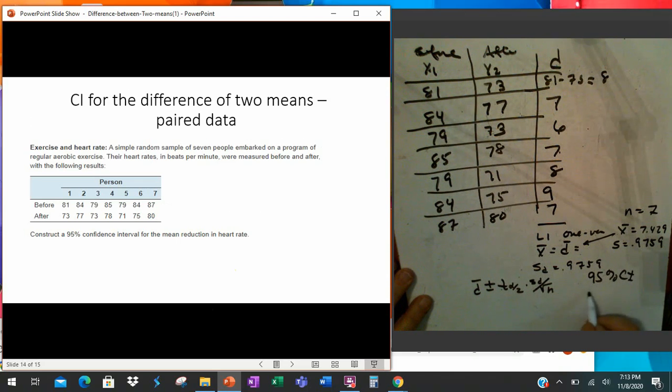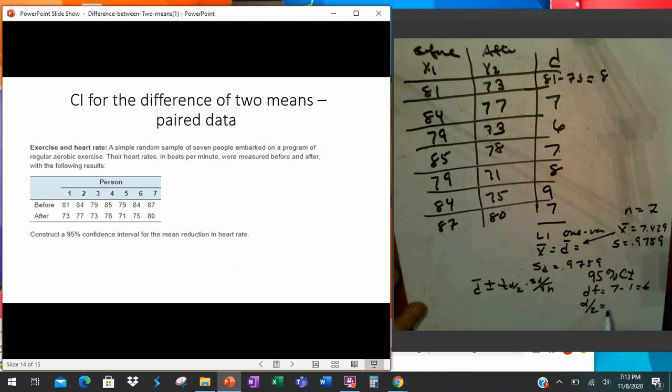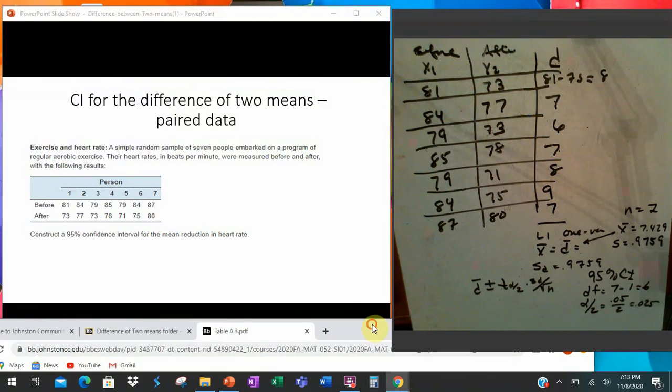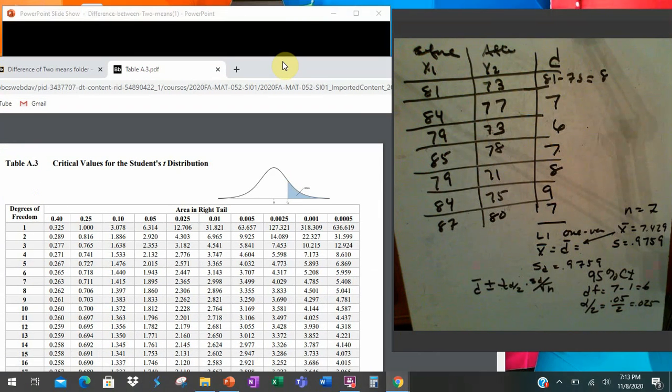My degrees of freedom is 7 minus 1, which is 6. My alpha was 0.05 for a 95%. I need 0.05 over 2, which is 0.025. And then I look for 0.025 with 6 degrees of freedom, which is 2.447.